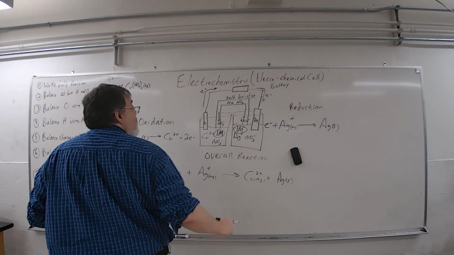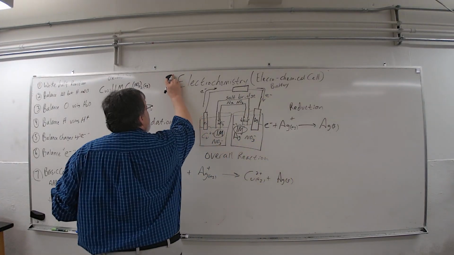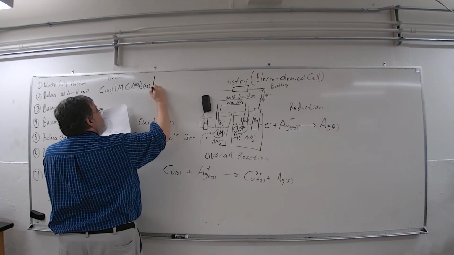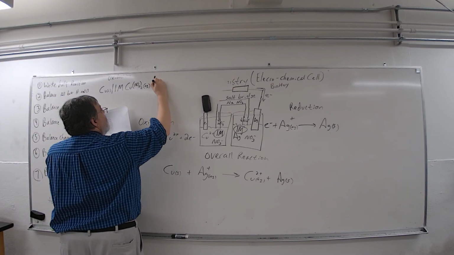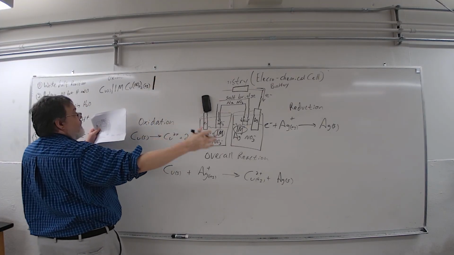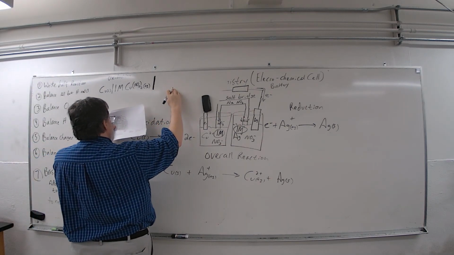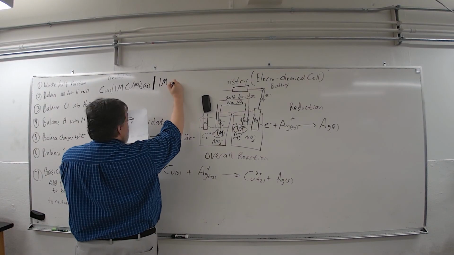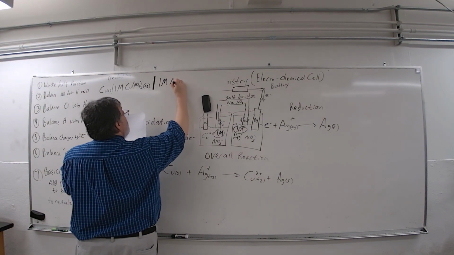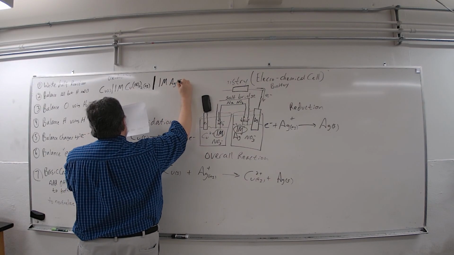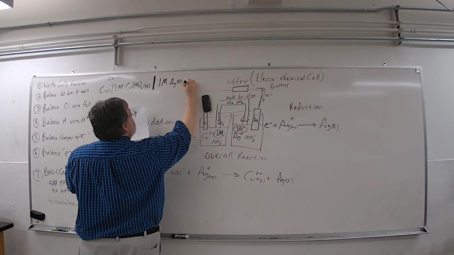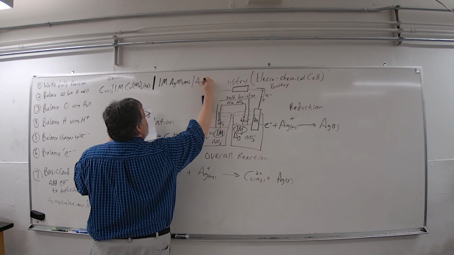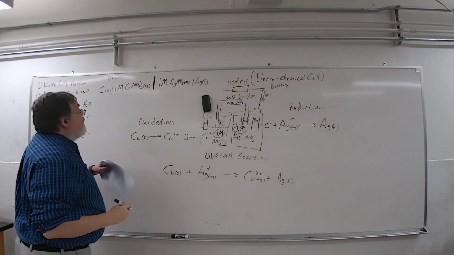And then to continue this, generally a thick bar. And then you write the other reaction on this side, the reduction side. So 1 molar AgNO3, aqueous. And then the skinny bar, Ag solid over there.